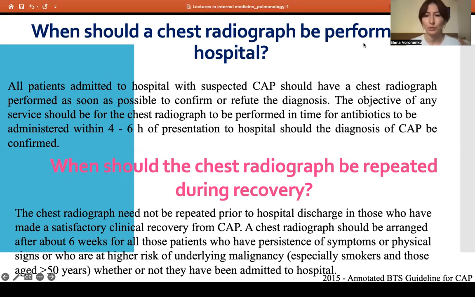A chest radiograph should be arranged after about 6 weeks for all those patients who have persistence of symptoms or physical signs, or who are at higher risk of underlying malignancy, especially smokers and those aged more than 50 years, whether or not they have been admitted to hospital.